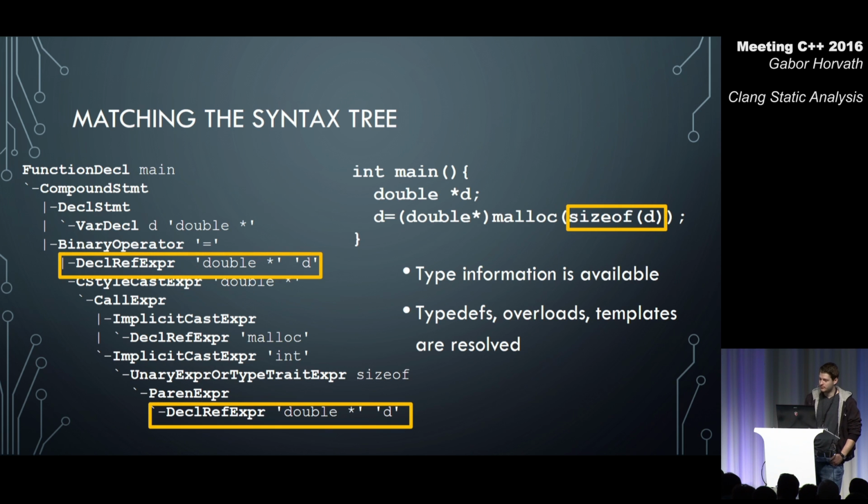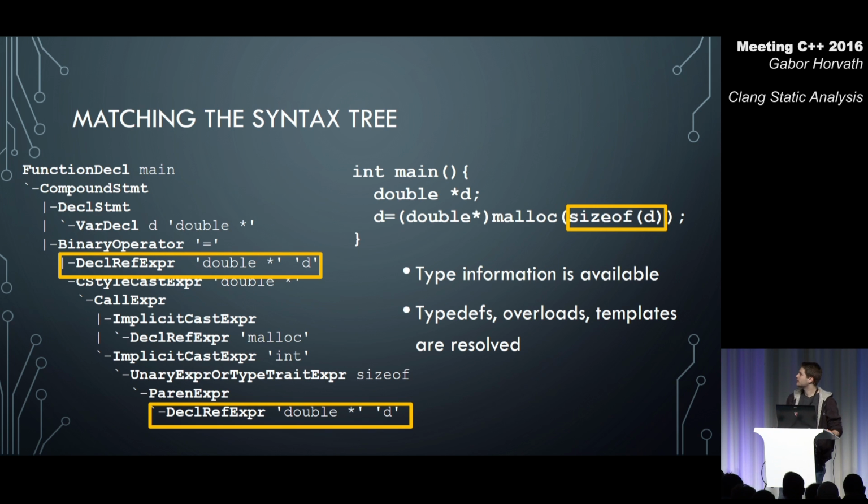So we might be able to find, in this case, that the user messed this malloc up because she wanted to allocate the memory for a double, but instead she allocated the memory for a pointer. And the size of a pointer and the size of a double might not be the same.